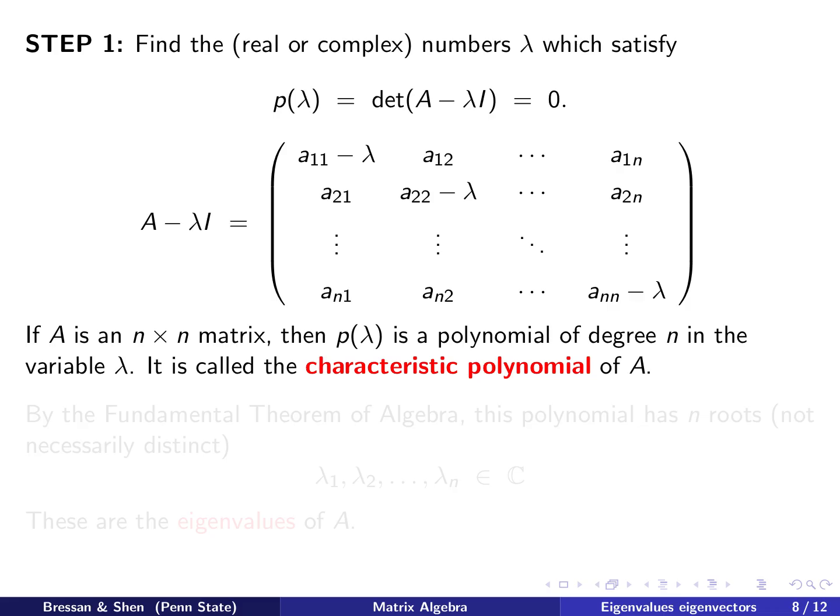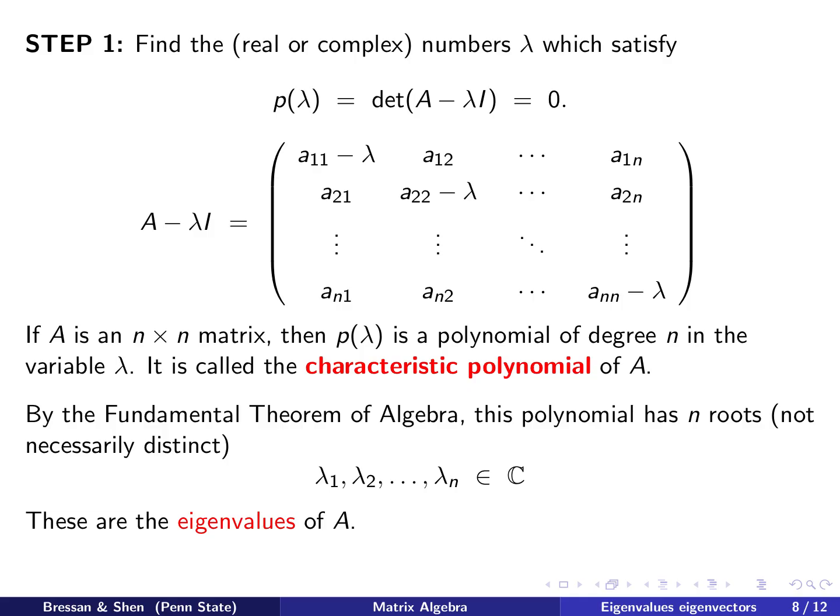If A is an n by n matrix, then the determinant of A - λI will in the end give you a polynomial of degree n in λ. This polynomial is called the characteristic polynomial of A. Our goal here is to find the roots of this characteristic polynomial, which is of degree n.